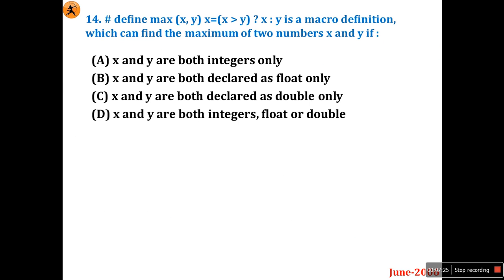Question number 14 has defined max(x,y) as (x greater than y) ? x : y. If it is true, x; if it is false, y. It is a macro definition which finds the maximum of two numbers x and y. For this question there are four options: x and y are both integers; x and y are both declared as float; x and y are both declared as double; and x and y are integers, float, or double.